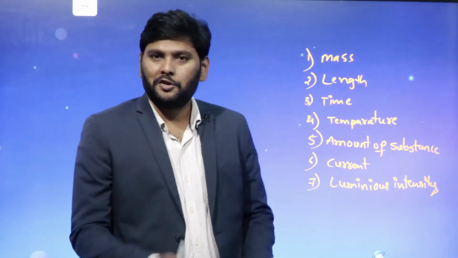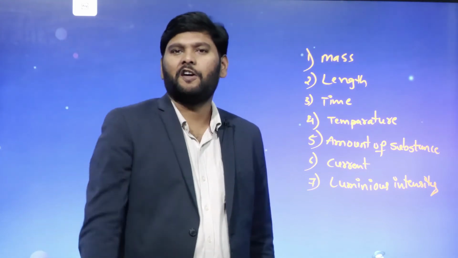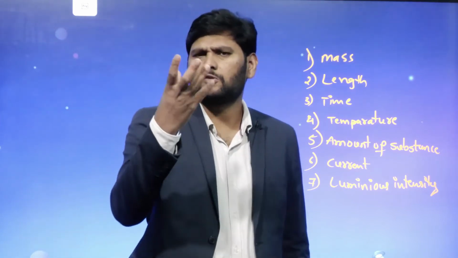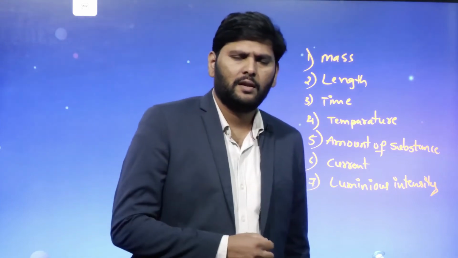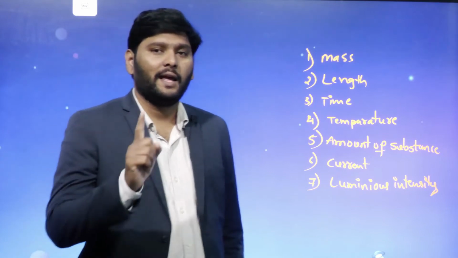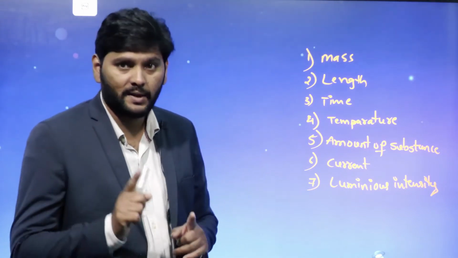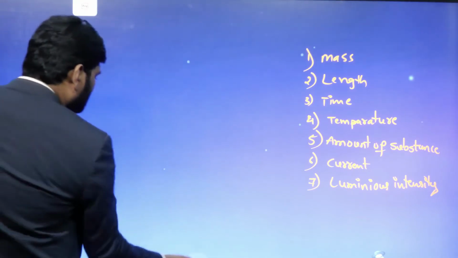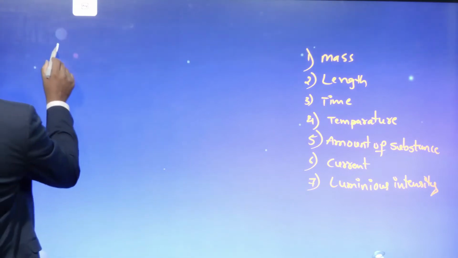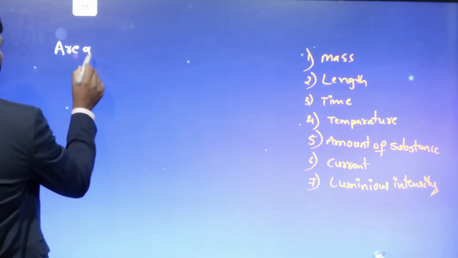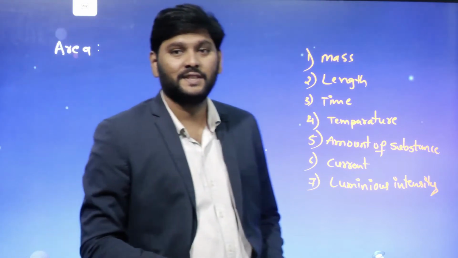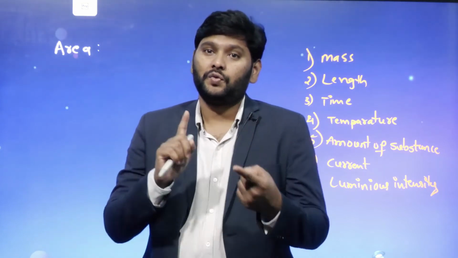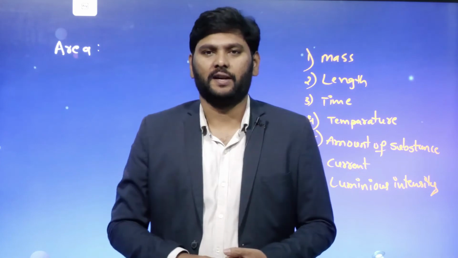So I'll take an example. The best example for explaining this is a small, well-known quantity. You know that area is a physical quantity, because it has units. I'm taking the area. Area is a derived quantity, isn't it?